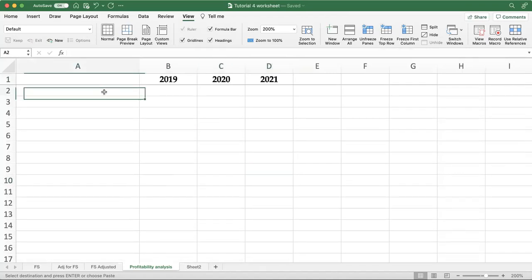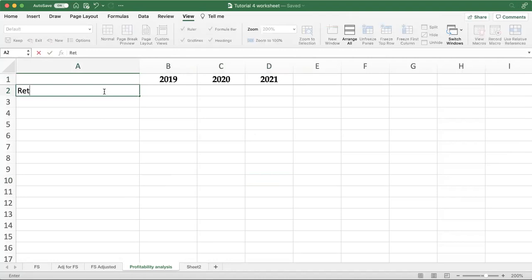Now we are doing a profitability analysis. So calculate first return on assets or return on investment.